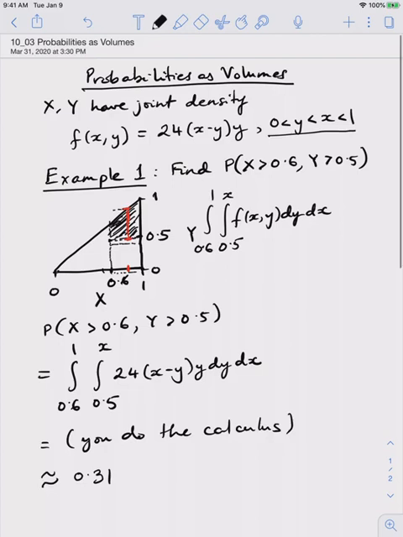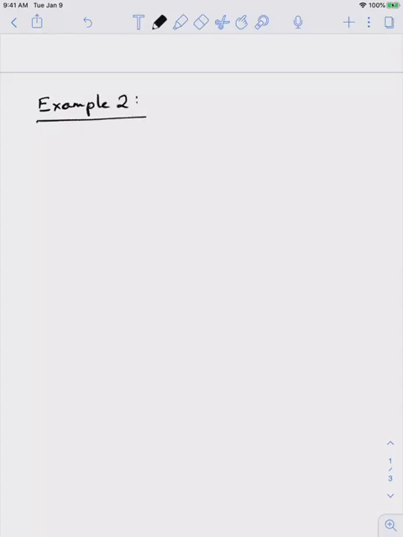One more example. We know that by definition of where the density is positive, y has to be less than x.